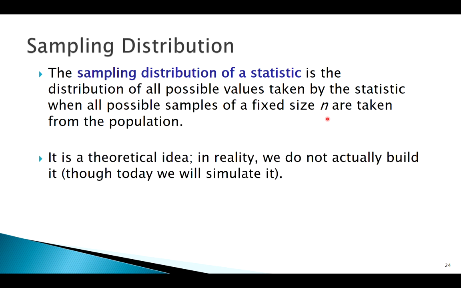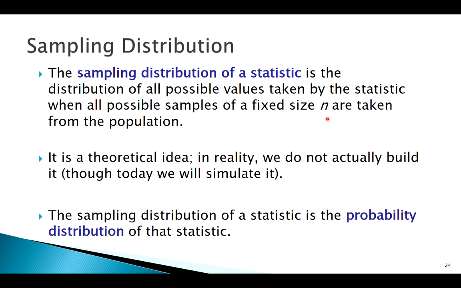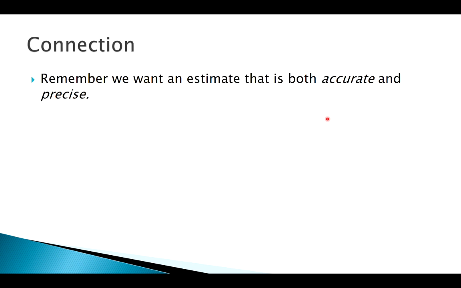Now this is a theoretical idea because we can't take an infinite amount of samples. But using computer simulation, we can take a whole bunch of samples and see what we get. Let's see what our sampling distribution looks like and how this ties back to what we were thinking about.